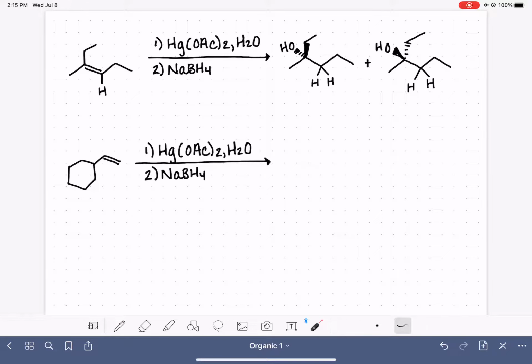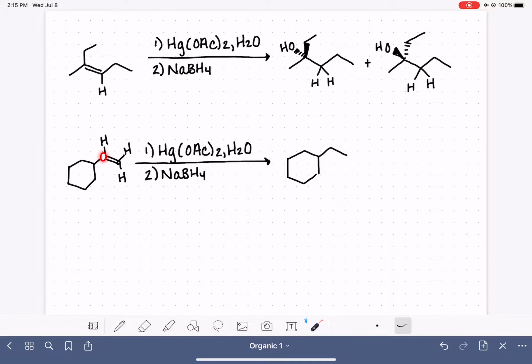Let's practice again with this one down here. First of all, we know that we will make no changes at all to the carbon skeleton. So let's draw that out, and let's find the carbon atoms that we are working on in this molecule. These are the 2 carbon atoms that are going to be changed. We are following Markovnikov's rule, so we need to figure out how many hydrogens started out on those 2 carbons.